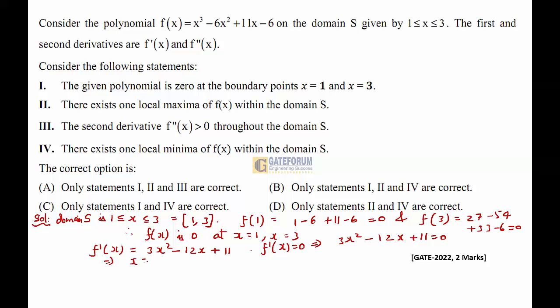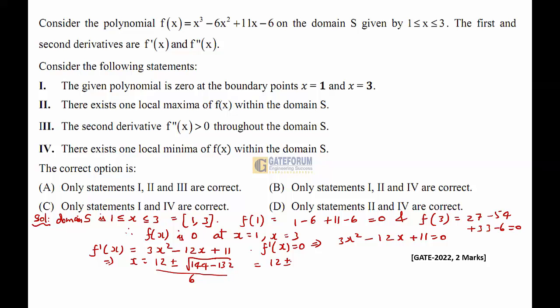So x is equal to minus b plus or minus square root of b square minus 4ac by 2a. Here a value is 3, b value is minus 12, c value is 11. So 12 plus or minus square root of 12 square, 144, minus 4 into 3 into 11, that is minus 132, by 2 into 3, 6. So this is 12 plus or minus square root of 144 minus 132, which is 12.